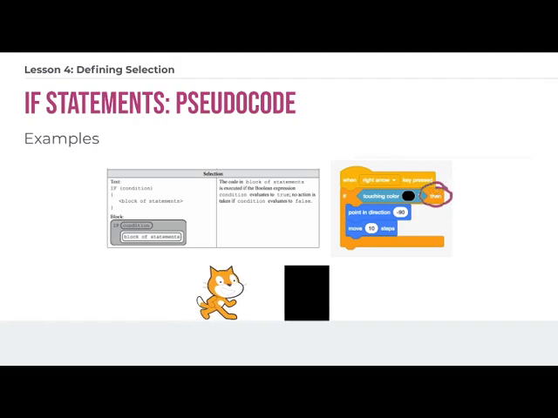AP style pseudocode does not, but Scratch does. If it's touching the black rectangle, then it's going to point itself in the opposite direction and move away 10 steps. In other words, that's simulating as if it's running into it and bouncing off. All right, so if, and this is the condition, conditions in Scratch, remember, are those hexagon shapes. If that condition is met, then it's going to execute that little sequence.